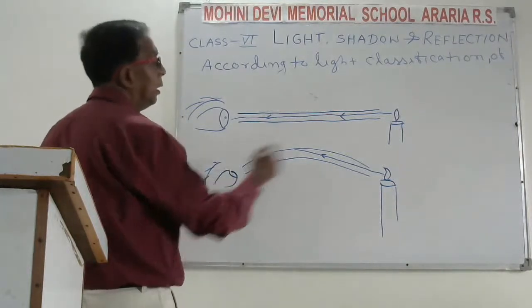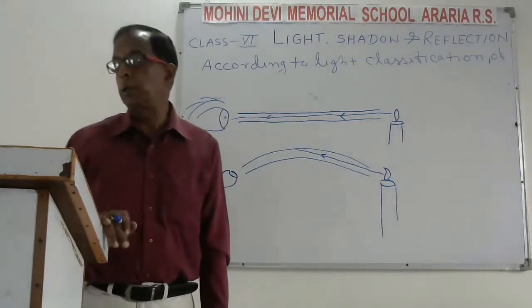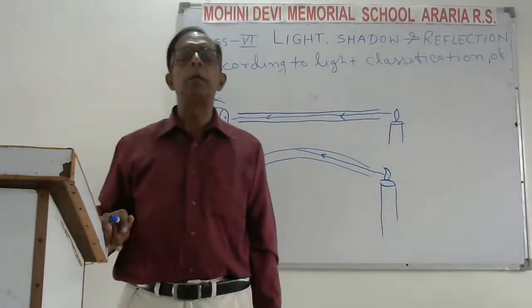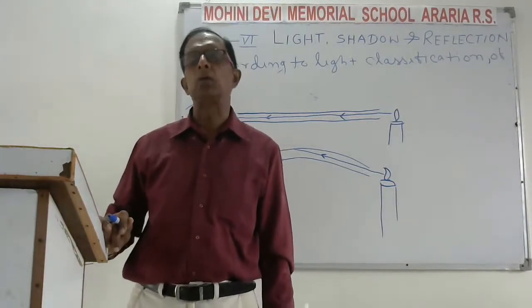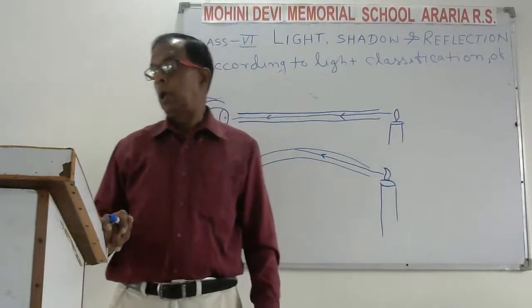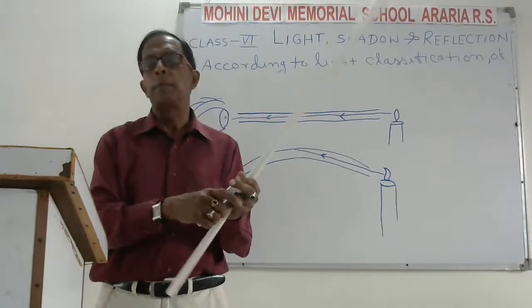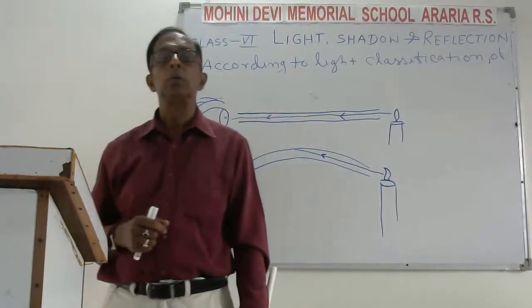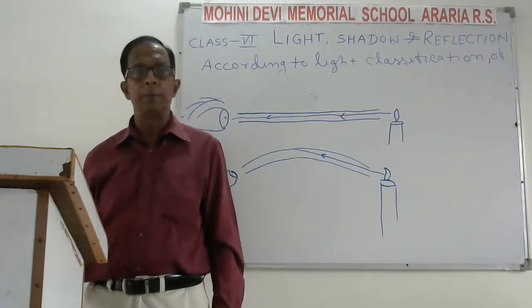My children, it is so because light propagates on a straight path. There are so many activities showing that light propagates on a straight path. Now the question arises: does any phenomenon occur in nature which proves that light propagates on a straight path?